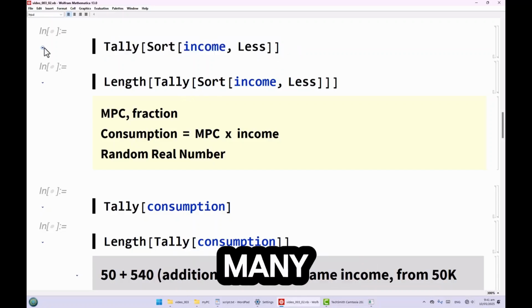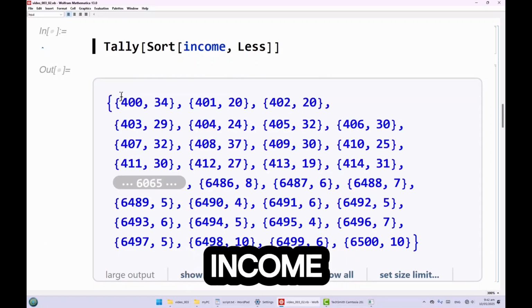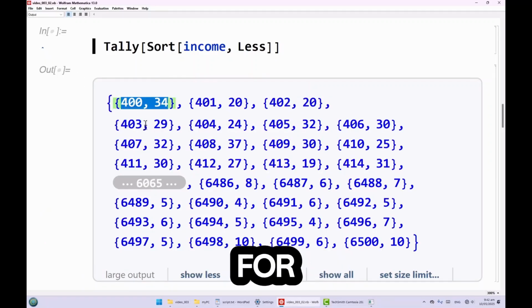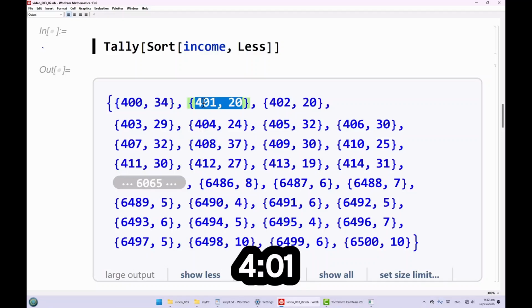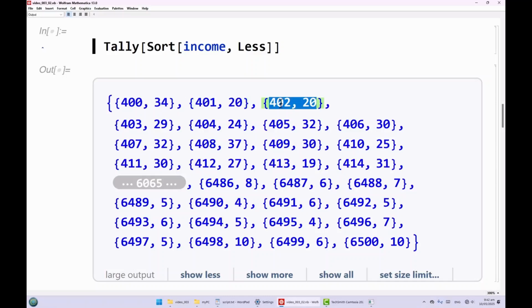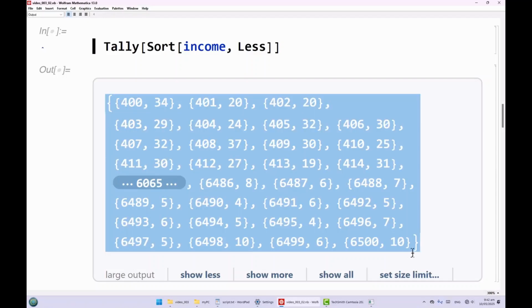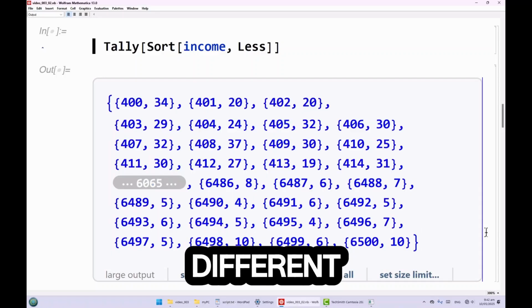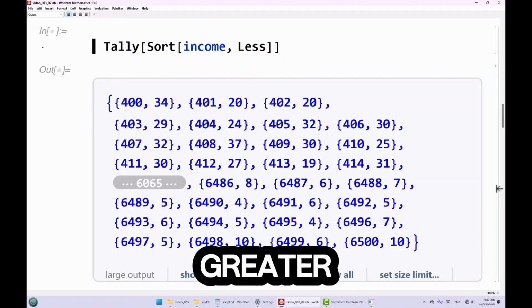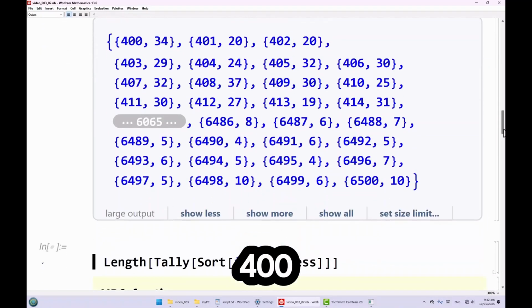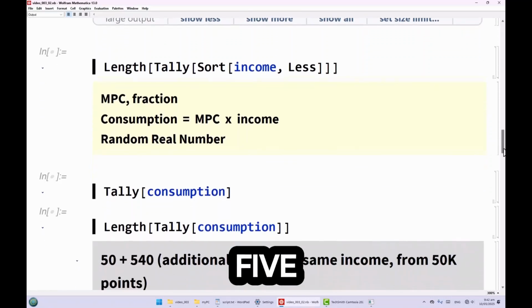It shows how many times a randomly selected income is repeated in the data. For example, the number 400 is used 34 times, 401 20 times, and so on. Different integers are selected randomly, greater than or equal to 400 and less than or equal to 6,500.